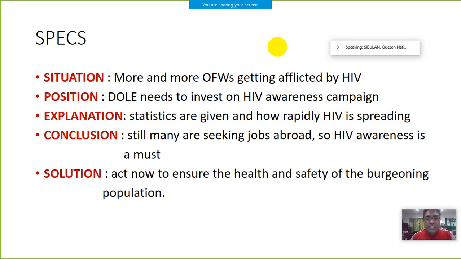Then the position is, the Department of Labor and Employment needs to invest on HIV awareness and prevention campaign. Then in the process of explanation and supporting the position, mostly the writer makes use of statistics. Then the concluding part, then the solution.